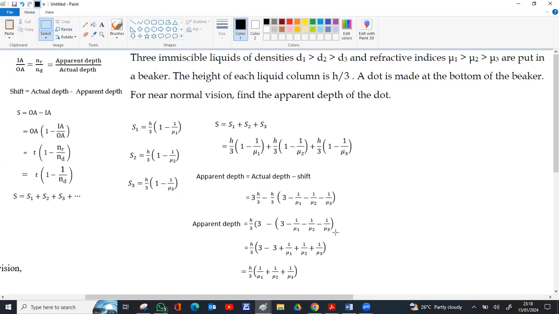The apparent depth is h by 3 into the bracket 1 by mu1 plus 1 by mu2 plus 1 by mu3. That's the relation when multiple media come, showing how the different refractive indices are related to the apparent depth or the shift.